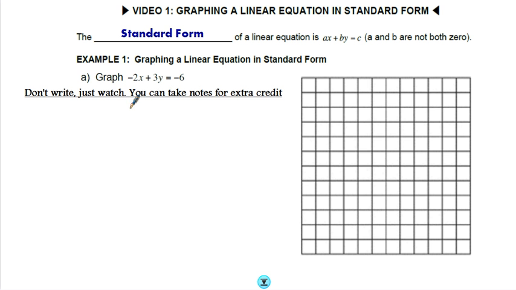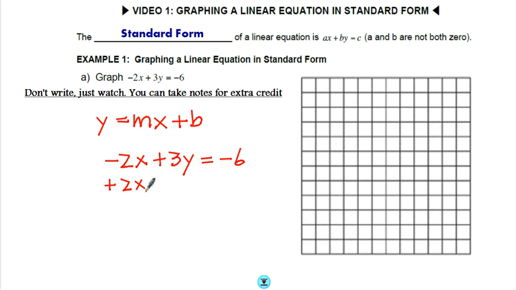So you can graph this in 2 ways. One is something you've done already. You change this to y equals mx plus b, which means you need to get the y by itself, just like when we isolated the y before. So if you have negative 2x plus 3y equals negative 6, you need to move that 2x, so add 2x to both sides.